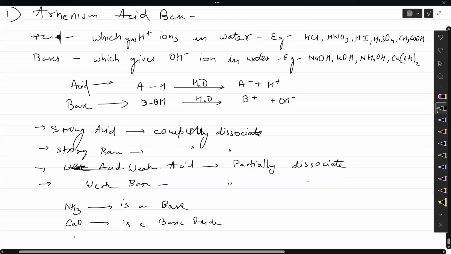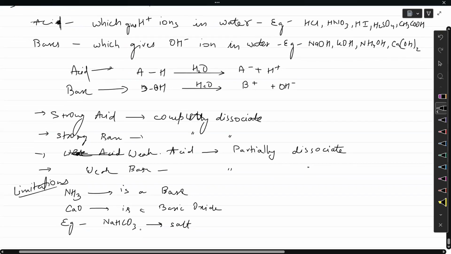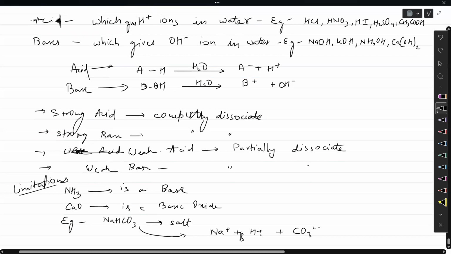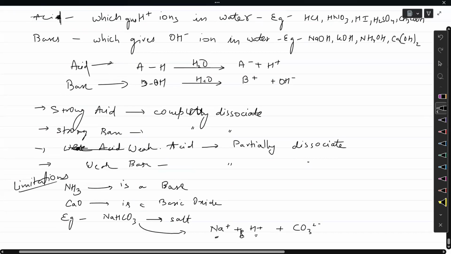Other things he missed, as we are seeing in its limitations: for example, NaHCO3. This is a salt. When you put this in water, it will dissociate into Na plus, H plus, and CO3 2 minus. So it is giving H plus, but it is also giving Na plus.